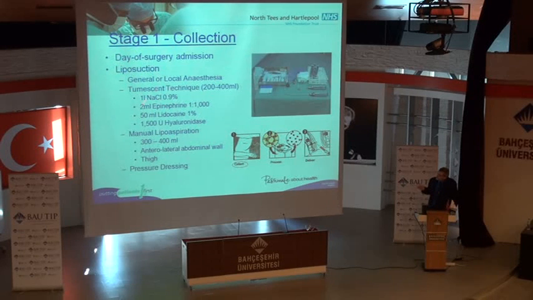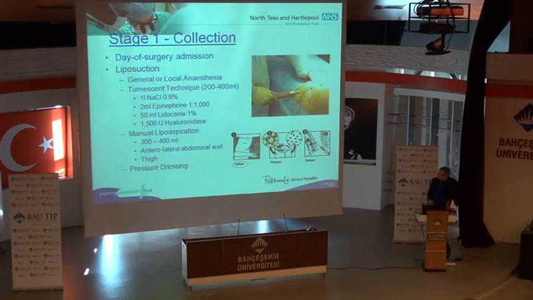We use a tumescent technique, and we usually harvest about 300 to 400 mils of fresh fat. Usually in most patients from the anterolateral abdominal wall, or from the thigh in females in particular, and then we follow that up with a pressure dressing. There's a procedure as we've seen before.